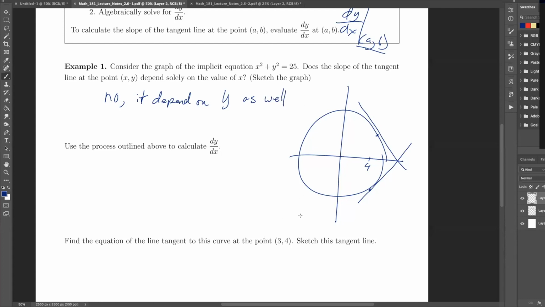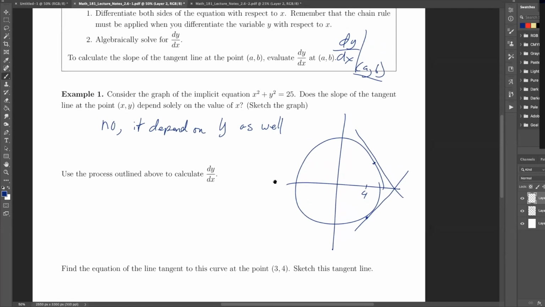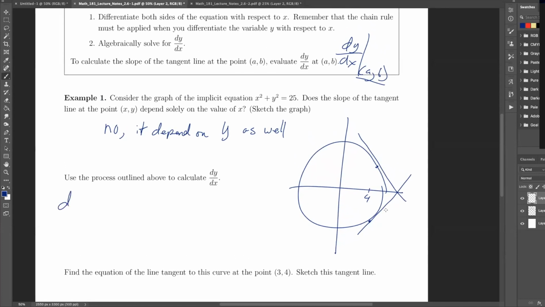Okay. So with the outlined process, we're going to calculate dy/dx. Let me show you how this is done very, very slowly. Here, I'm going to take the derivative with respect to x of the entire function, or the entire curve or equation, I guess, right?